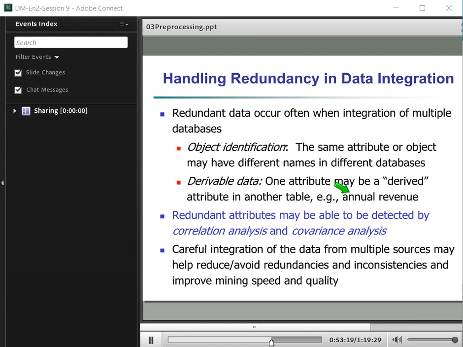It's very interesting. In some cases, not all cases, when we remove correlated attributes, because they have similar effects, the quality of the final answer of data mining techniques will be improved.